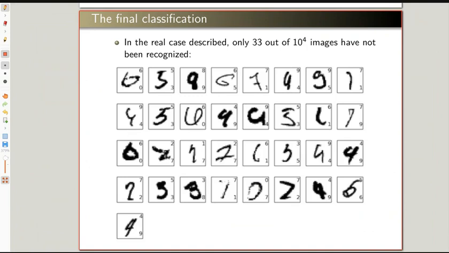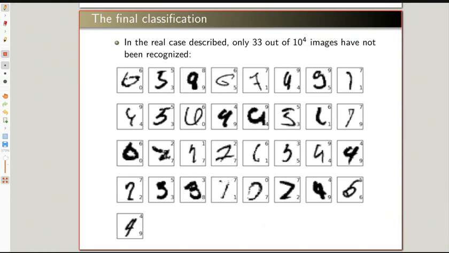Now, at the end of training of this network, in this example, these digits that I'm showing to you are the digits that were not recognized by the neural network. The digits where the neural network was mistaken.